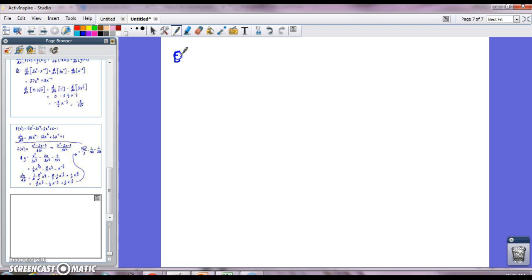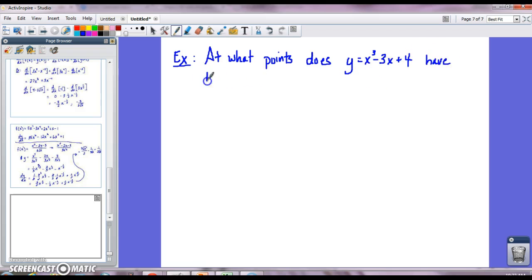So for example, at what points does y equal x cubed minus 3x plus 4 have horizontal tangent lines?